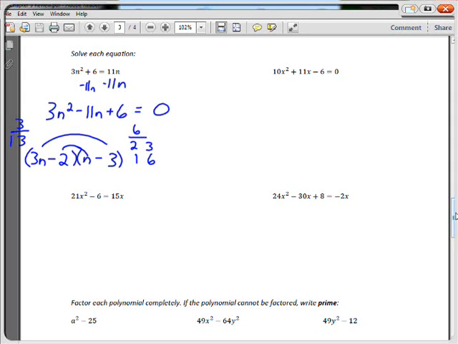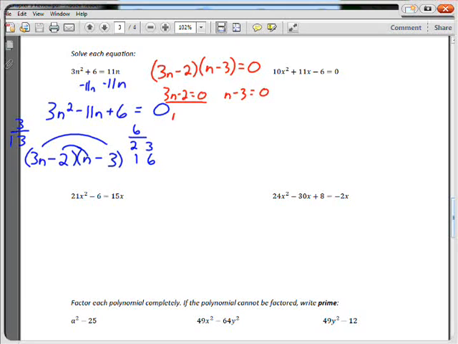So when I factor this, then I'm going to have 3n minus 2 times n minus 3 equals 0. And now I separate this into two different equations. 3n minus 2 equals 0, or n minus 3 equals 0.